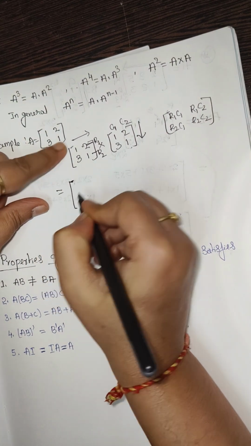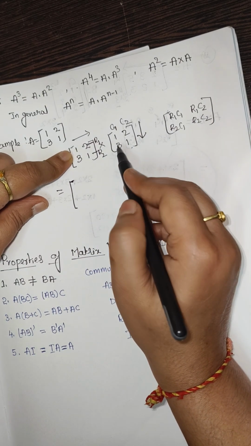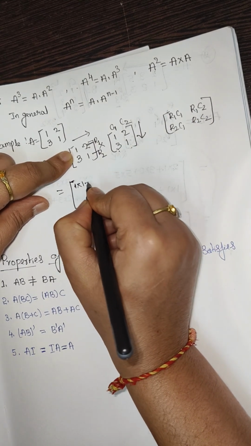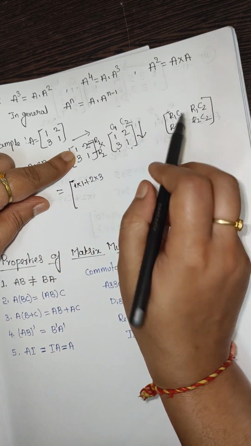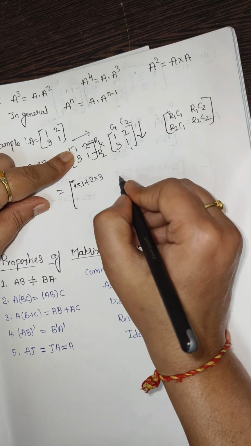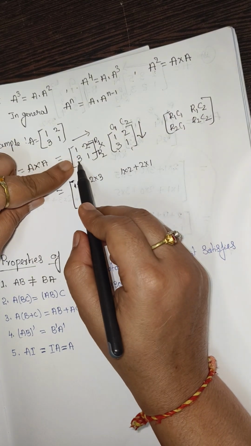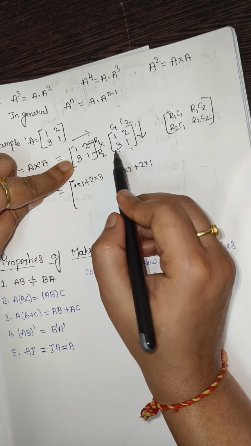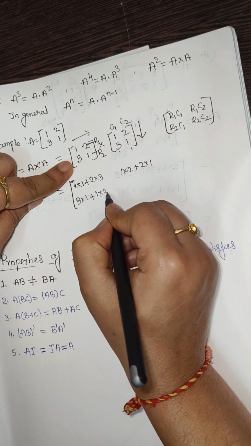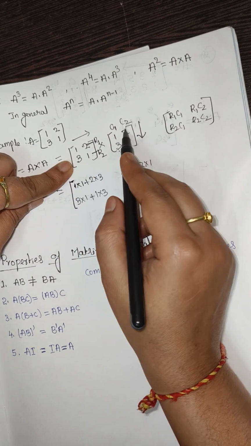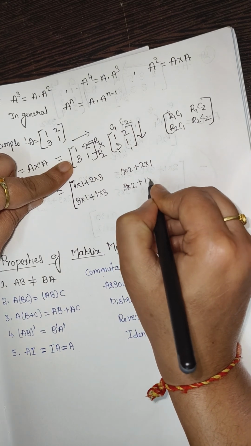Now see here. Row 1 is 1, 2. C1 is column 1 of matrix 2, which is 1, 3. So 1 into 1 plus 2 into 3. Next, R1 C2: 1 2 and 2 1, so 1 into 2 plus 2 into 1. Next, R2 C1: 3 into 1 plus 1 into 3. Again, R2 is 3 1 and C2 is 2 1, so 3 into 2 plus 1 into 1.